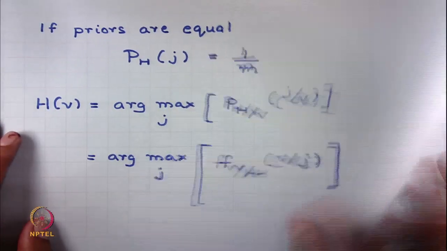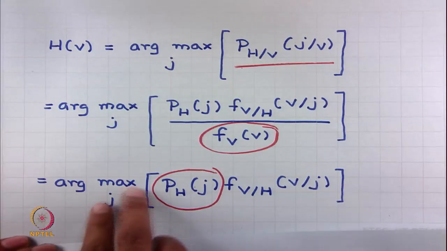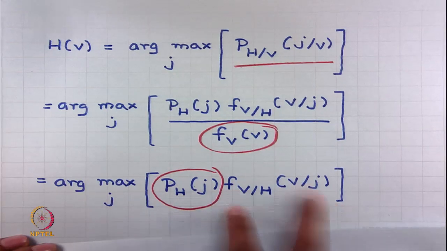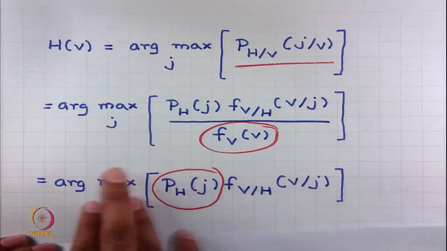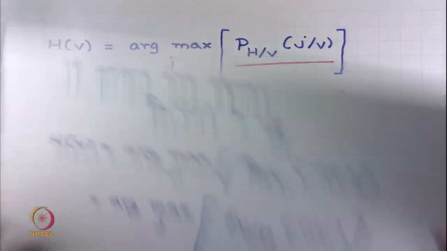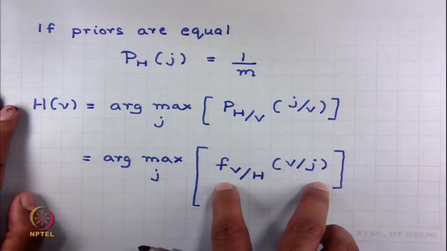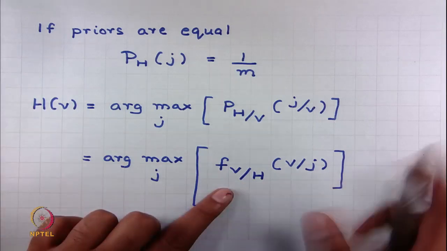And hence, if you are trying to maximize this quantity, and if this thing is also not a function of j, this quantity would be maximized if you simply maximize this. And what is this? This is known as likelihood.